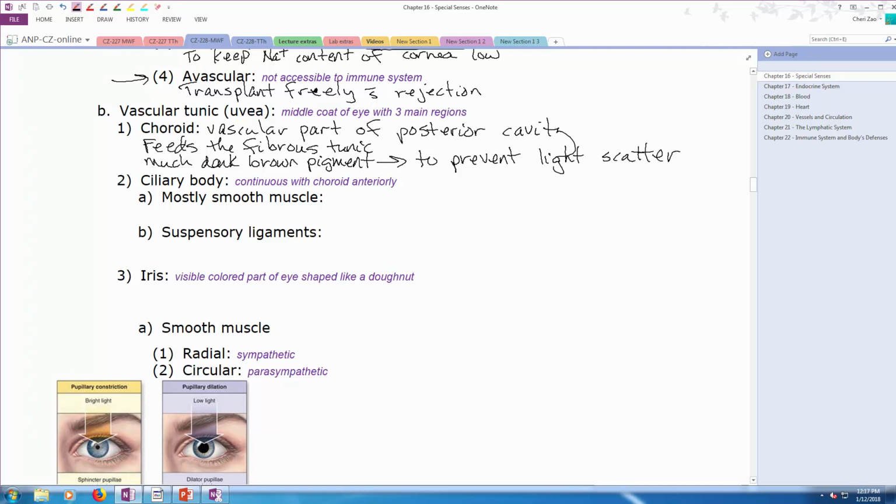When you take a look into a human's eye, it doesn't have the tapetum lucidum like our animals do, where we actually see the reflection of that tapetum lucidum in low light situations when light strikes it.